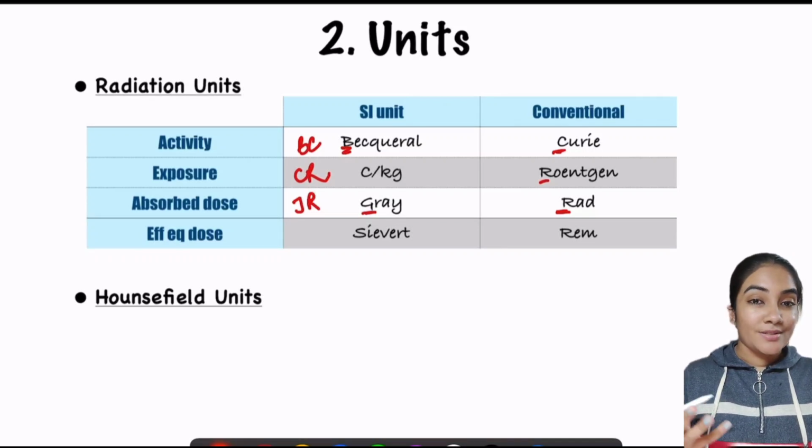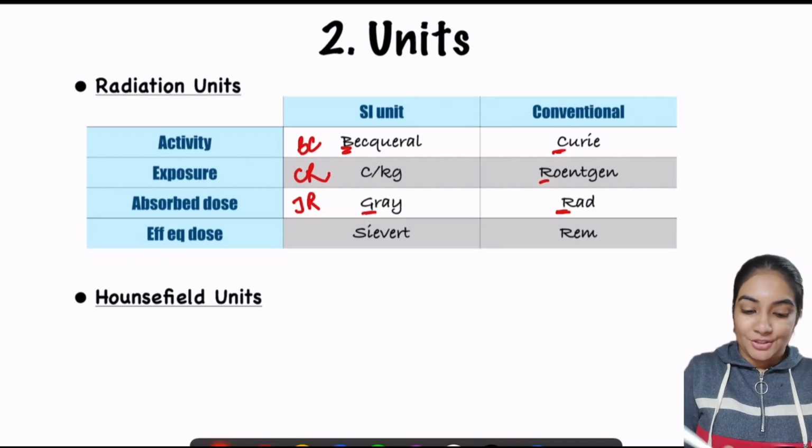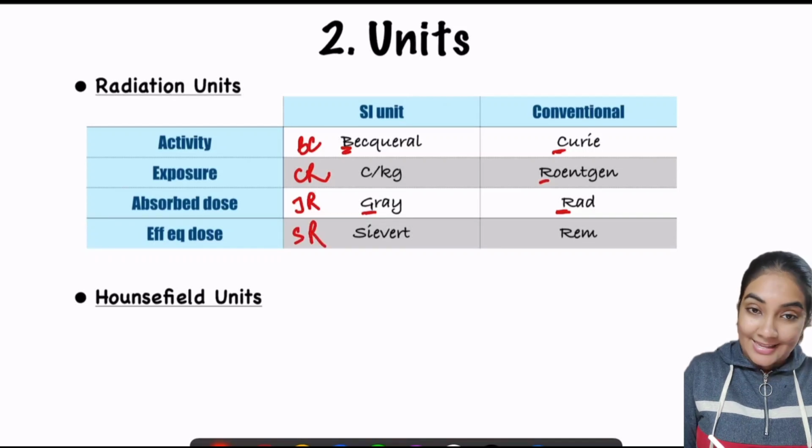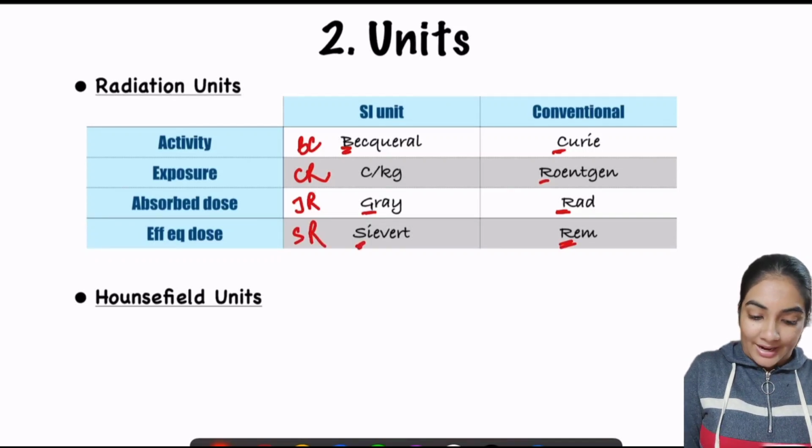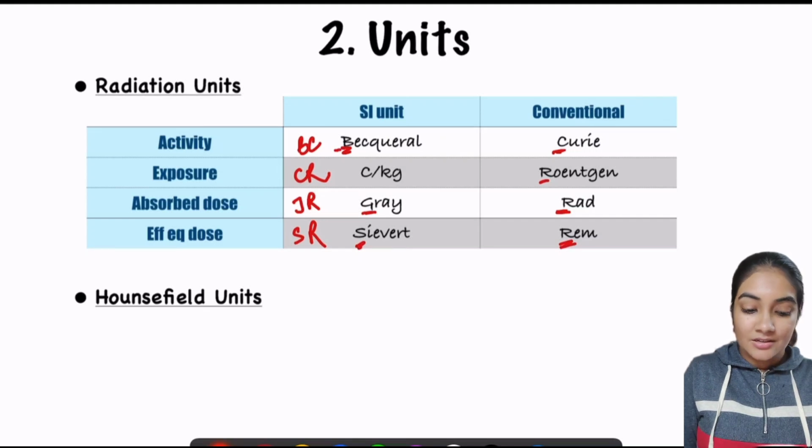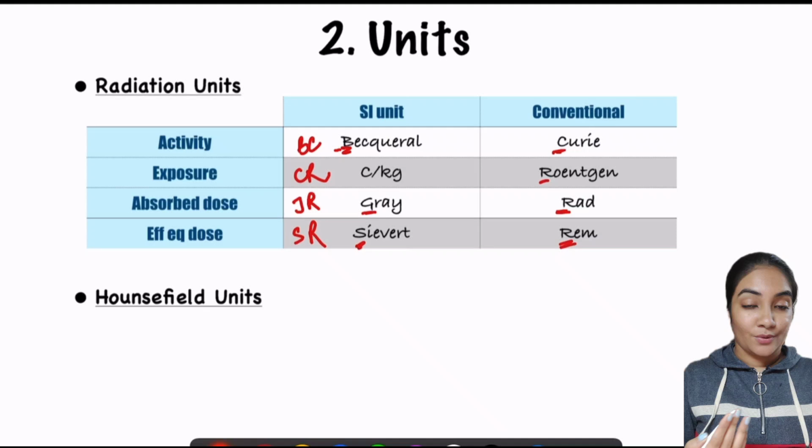Last, what is the most effective phase in your medical journey is when you become an SR, Sievert and REM. So activity, BC, exposure, most exposed or radiation exposure CR, absorbed dose JR and effective SR.